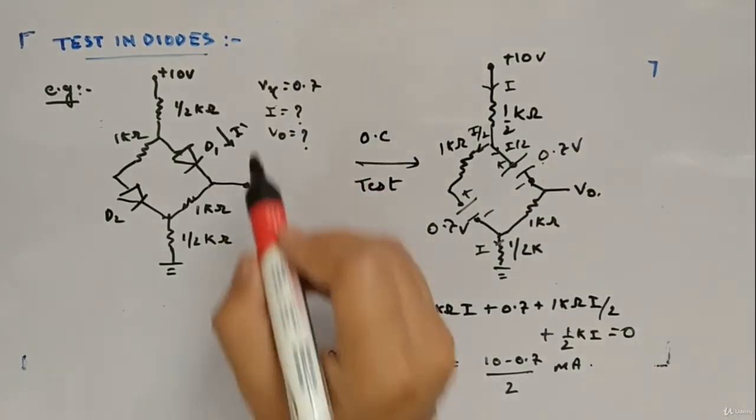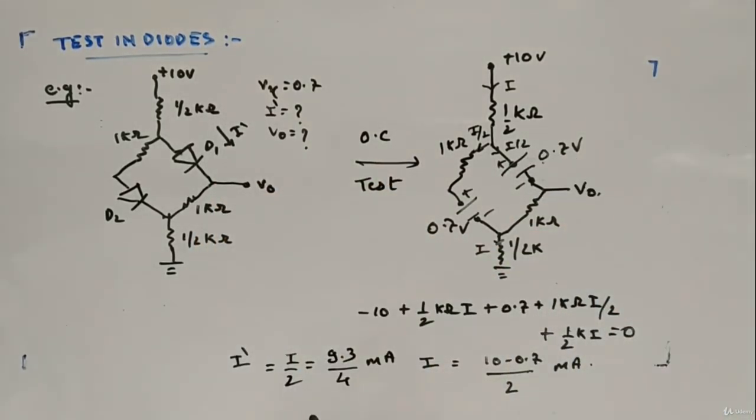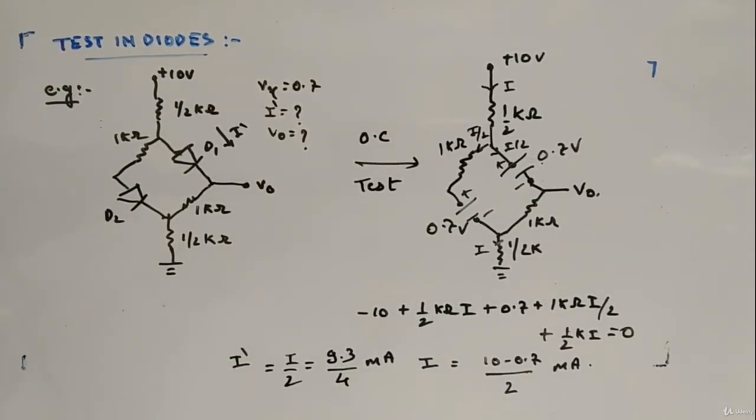This I dash we want, which is I by 2. If you calculate this, you will get 2.325 milliampere. So this is the current we wanted.